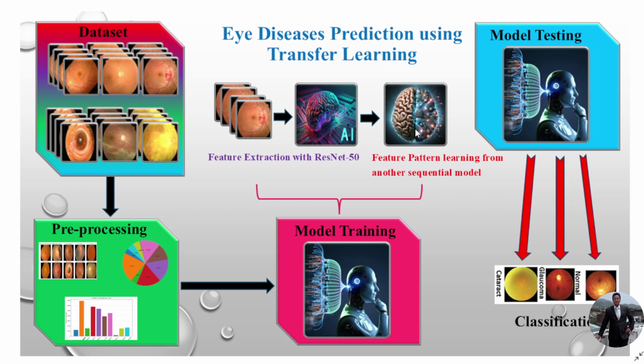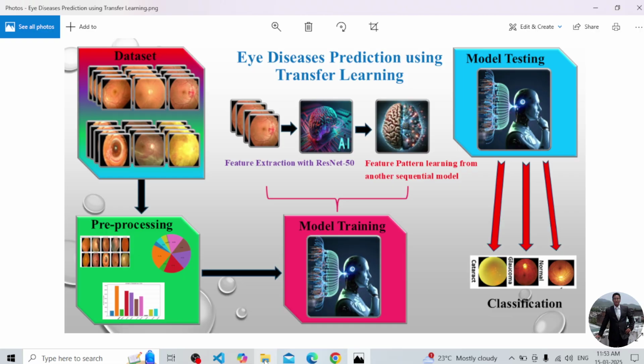In this sequential model, we are fine-tuning our ResNet 50 on our dataset. Once these image features are passed to the sequential model, this model will learn the patterns of these features. And once this model training is finished, the model testing begins. In model testing, we pass the test images to our models, which will ultimately classify them into the different categories of the IDs.